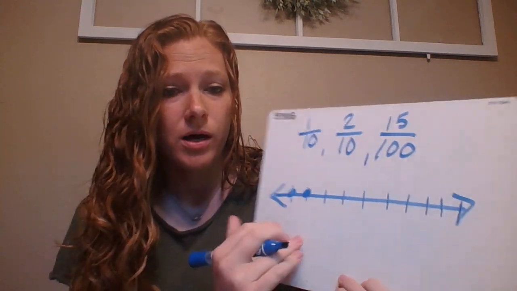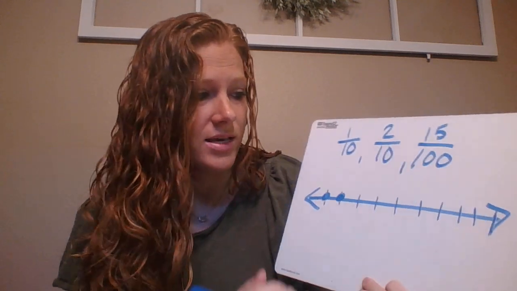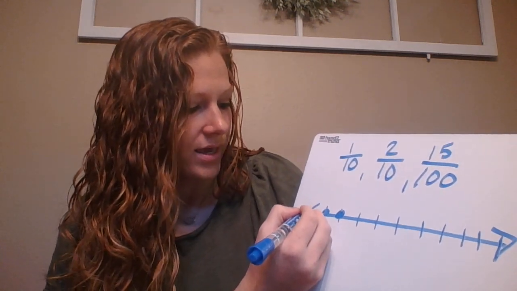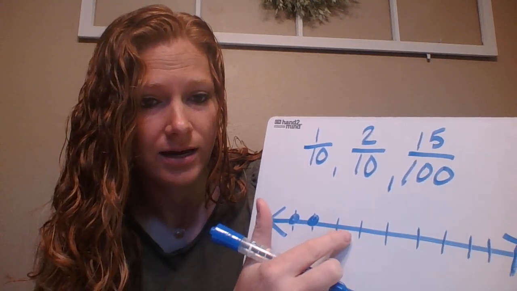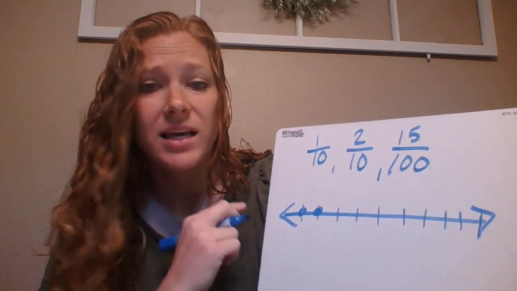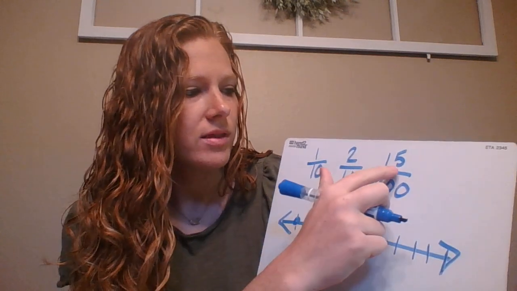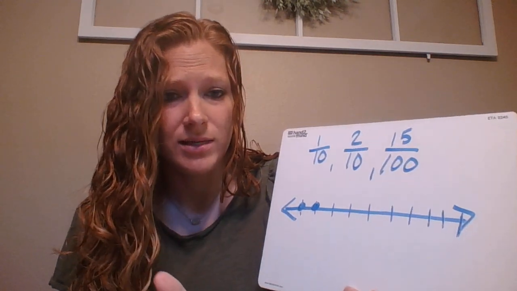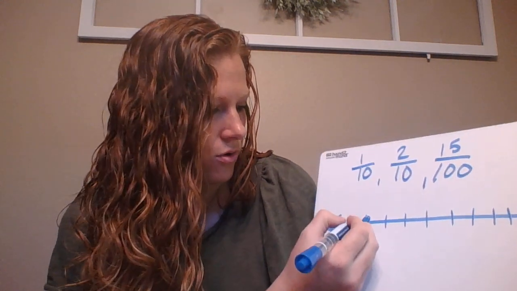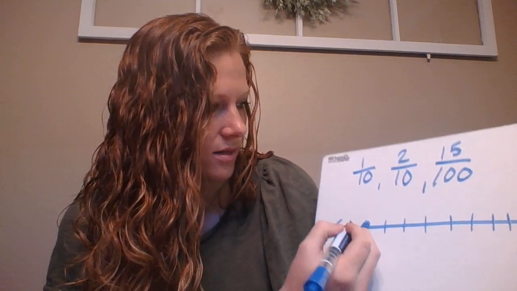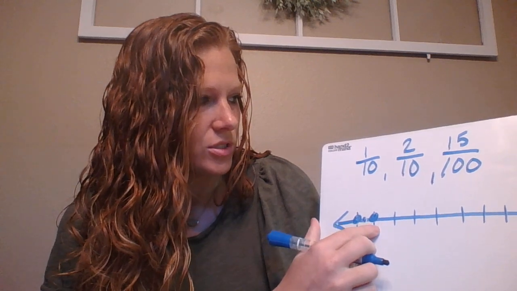If we were to draw 100 lines, the easiest way to do it is you would draw 10 lines in between each one of these lines. Okay, that would take a lot of time. But I know that 5 is halfway in between 10. So 15 hundredths would actually go right in between 1/10 and 2/10.